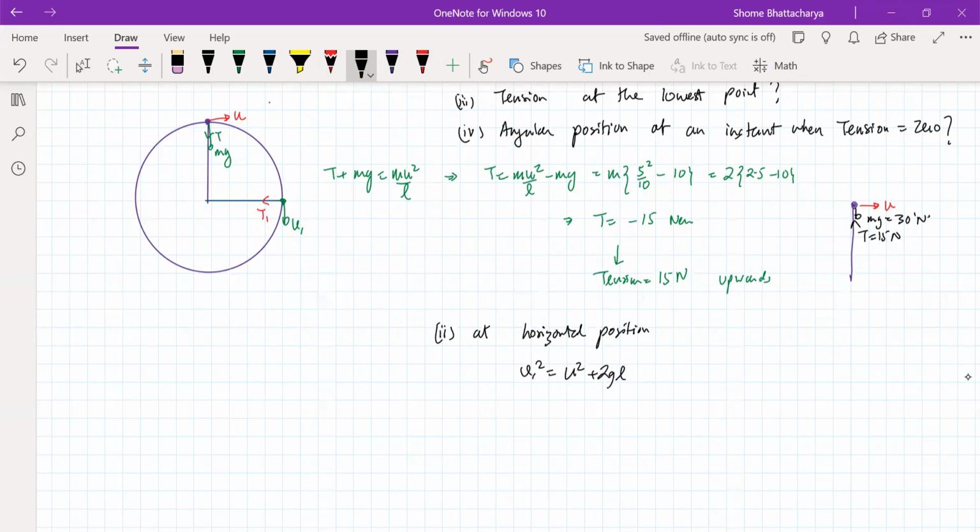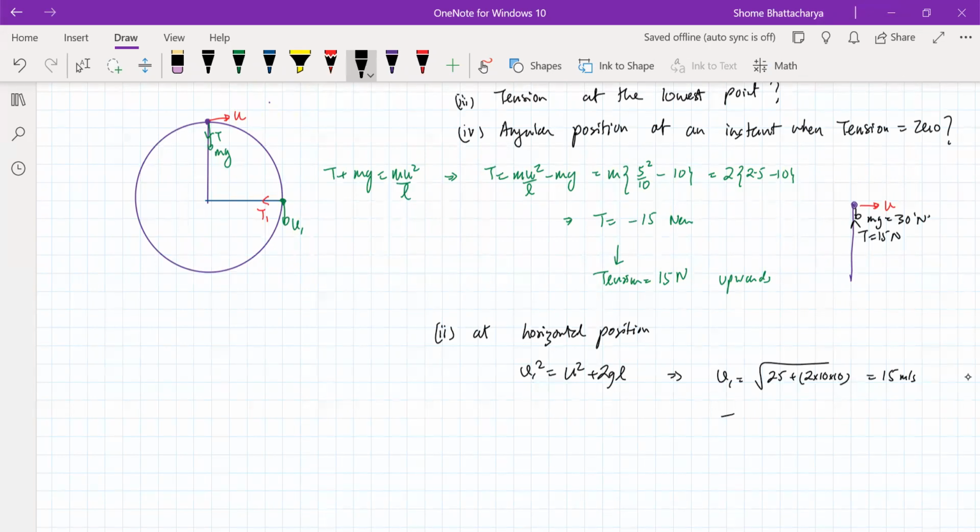So our V1 is becoming square root of 25 plus 2 into 10 into 10. So 15 meters per second.